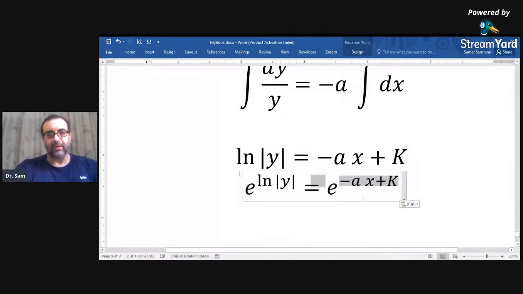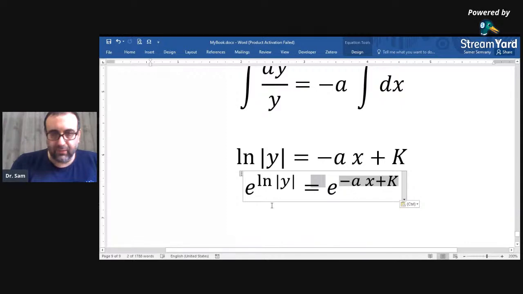So e and ln are reciprocal functions, so they cancel one with the other, and we have absolute value of y.